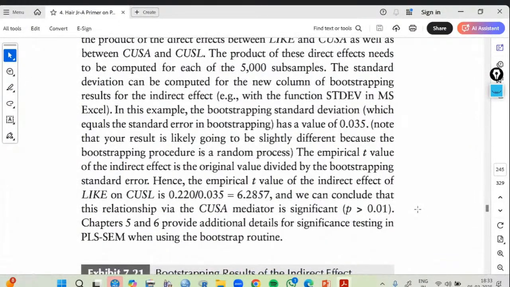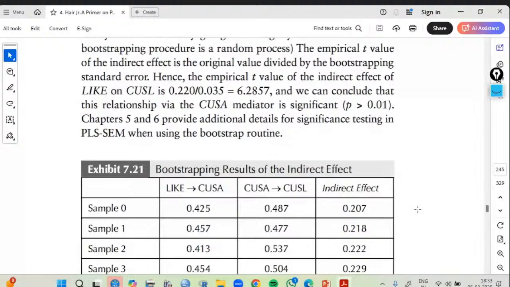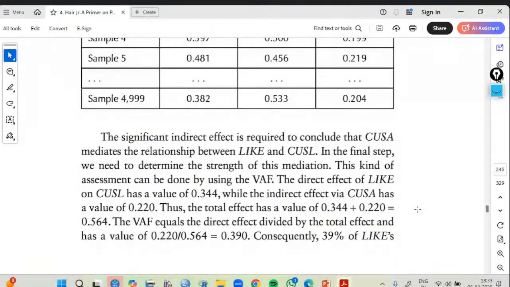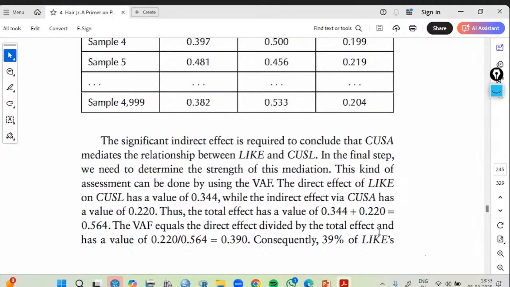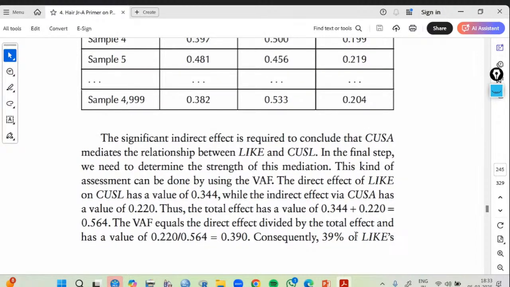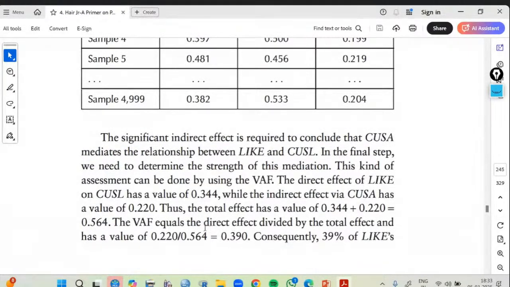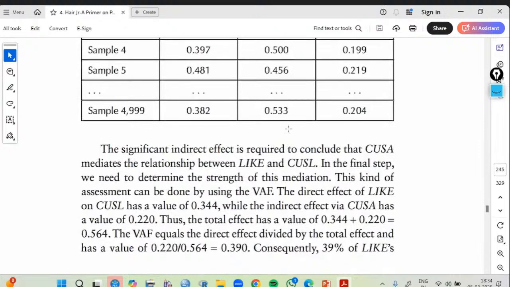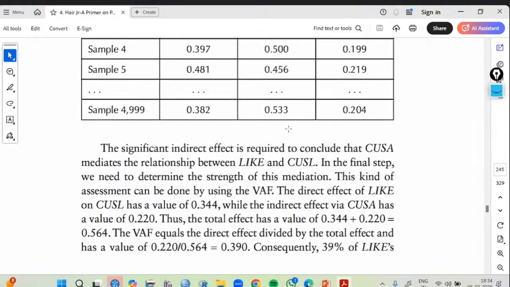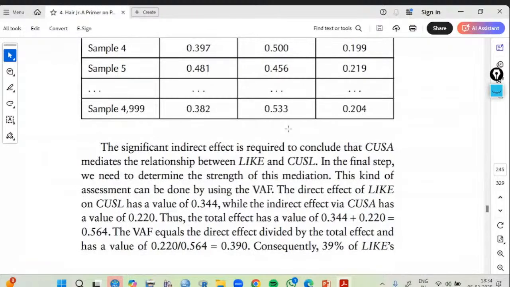Then we calculated the VAF value. The direct effect is 0.344 and VAF equals the direct effect divided by the total effect, 0.220 upon 0.564. So this value is less than 80% and greater than 20%.